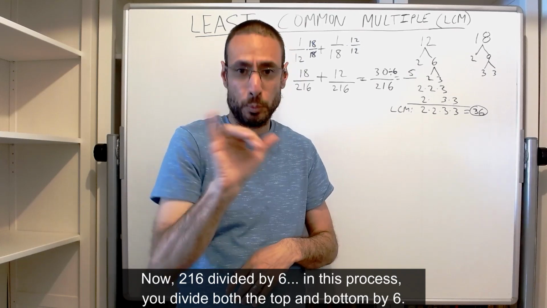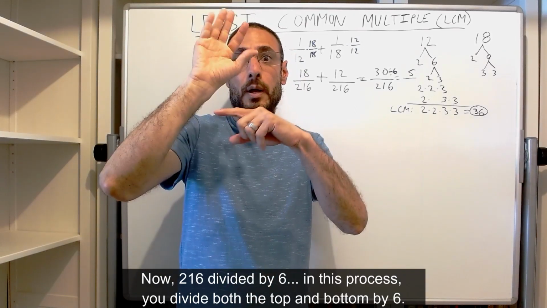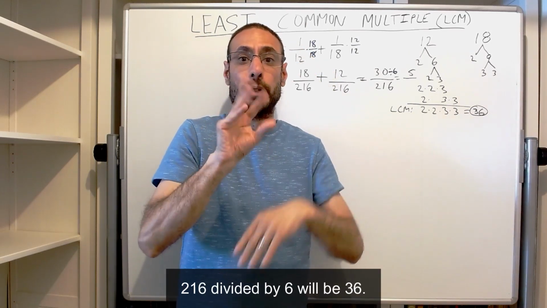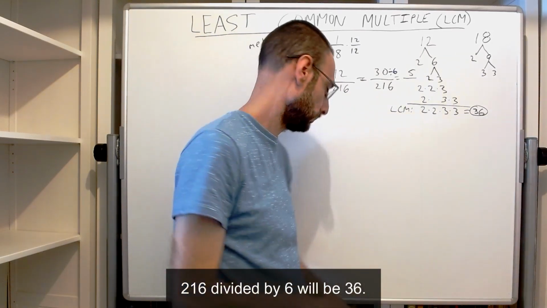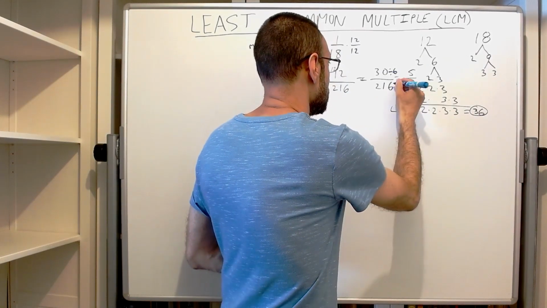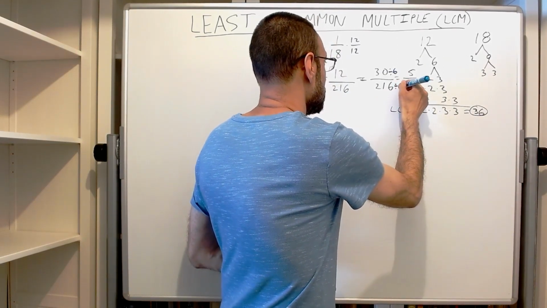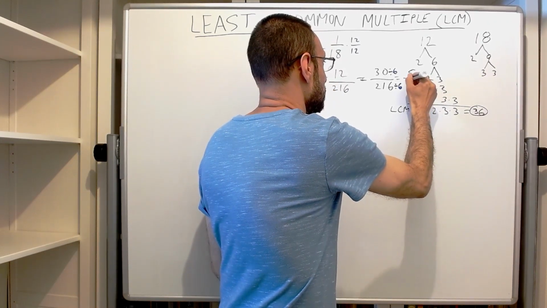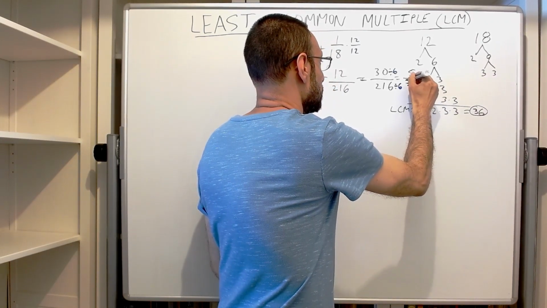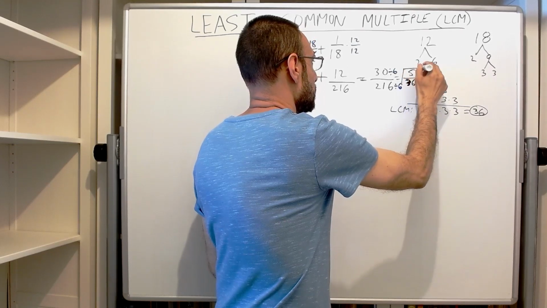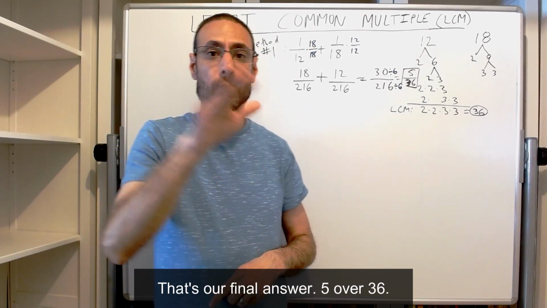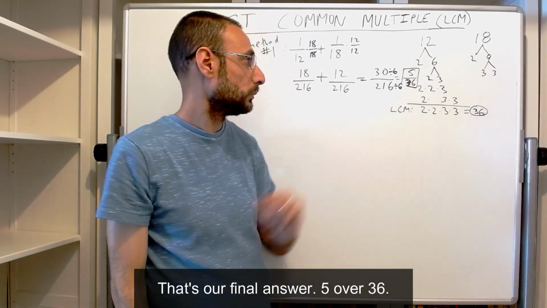In this process, you divide both the top and bottom by 6. 216 divided by 6 will be 36. That's our final answer: 5 over 36.